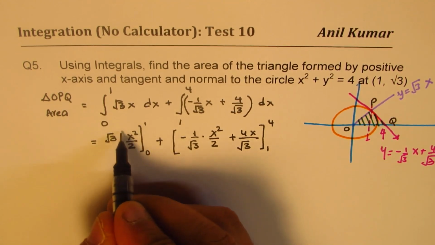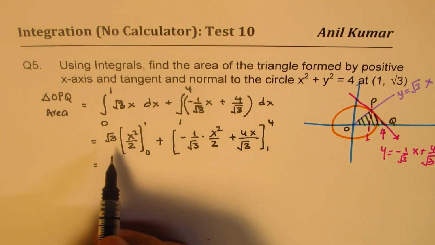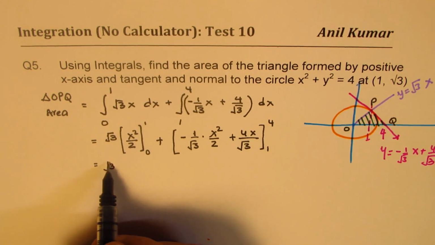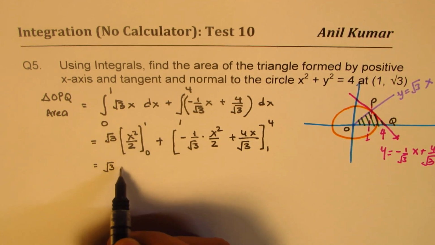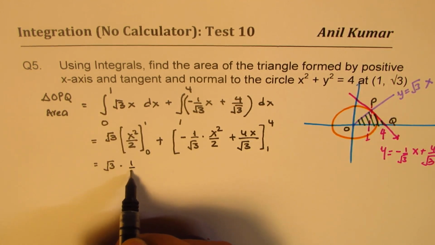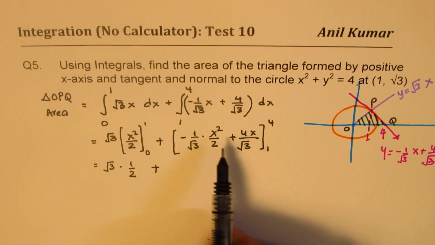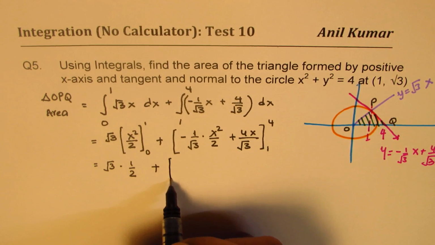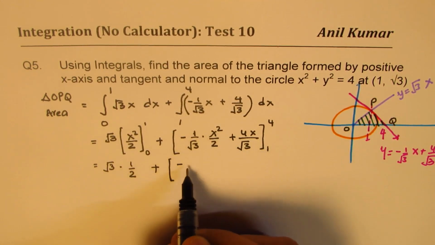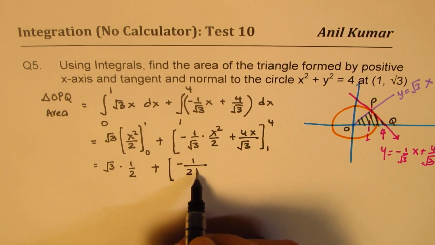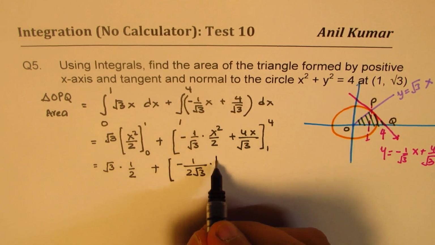So let's substitute the values. We could write like this, right? Square root 3, x equals to 1, 1 minus 0 is just 1, so we get times half here, plus, when you substitute 4 here, you get minus 1 over 2 square root 3 times 4 square is 16, right?